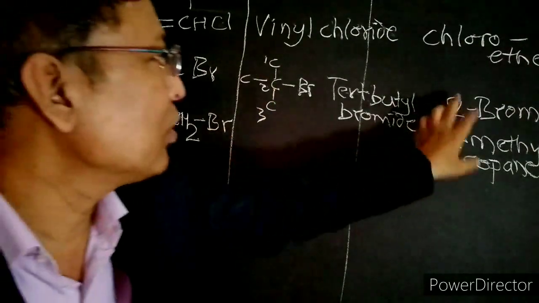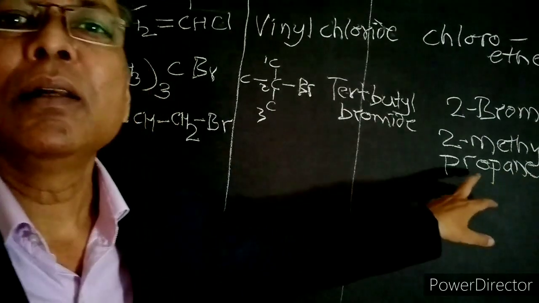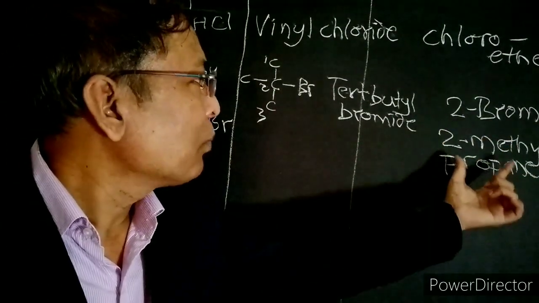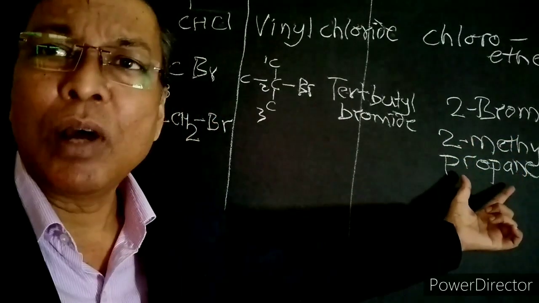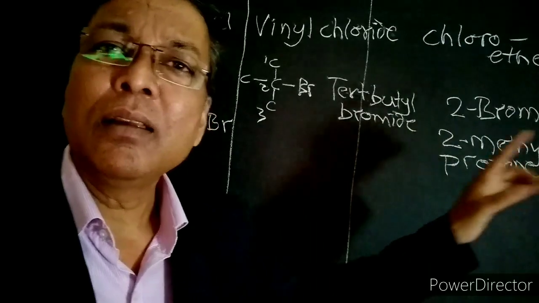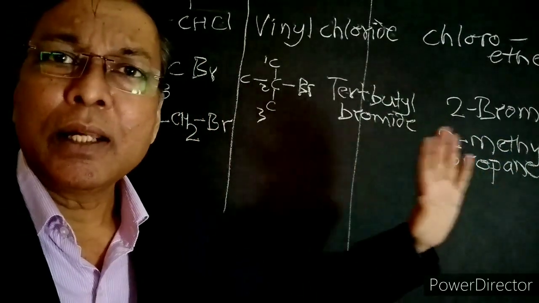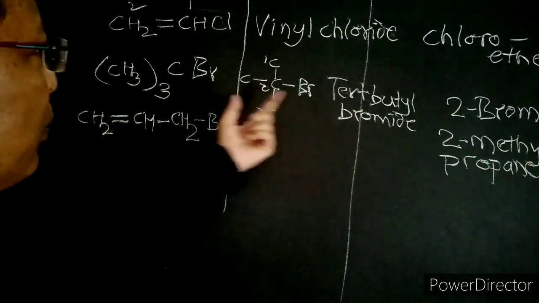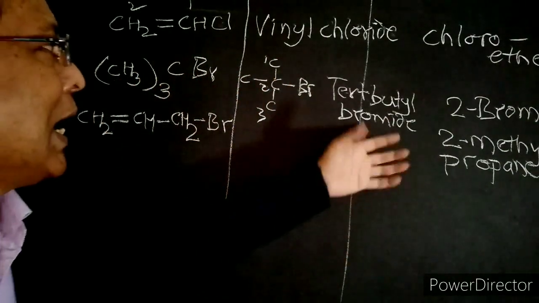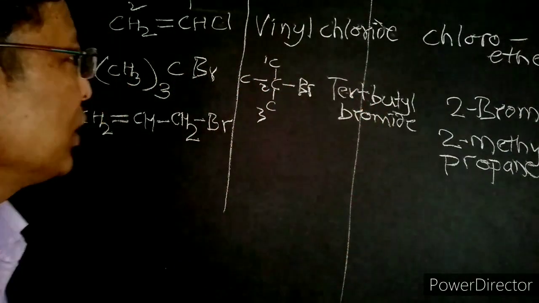We have to write in a continuous manner, but due to some space problem, I have written one below another. You have to write without space, in a straight line, in a continuous manner. The IUPAC name of this compound is 2-bromo-2-methyl propane and its common name is tertiary butyl bromide.